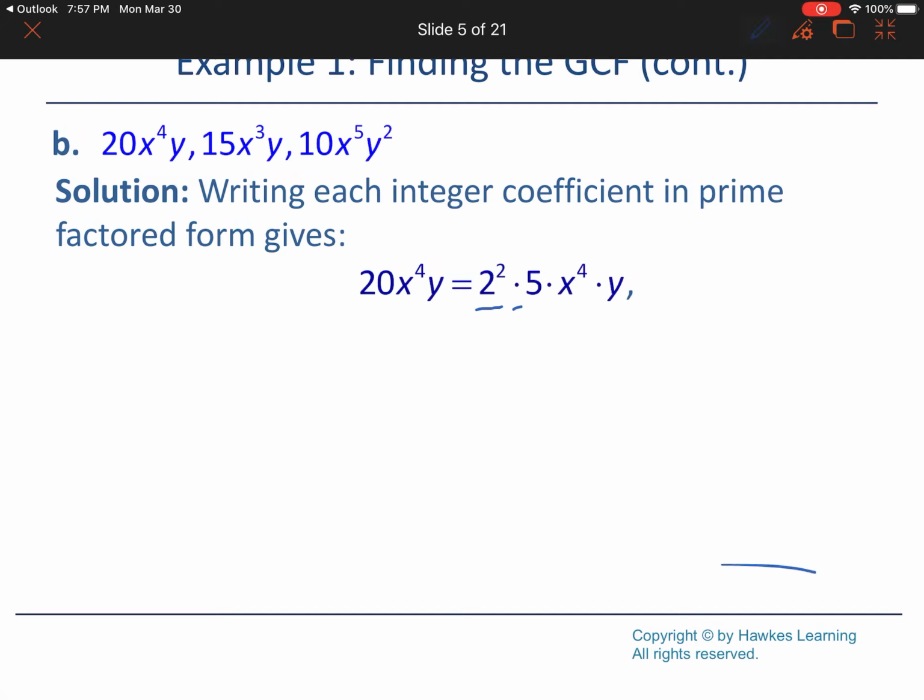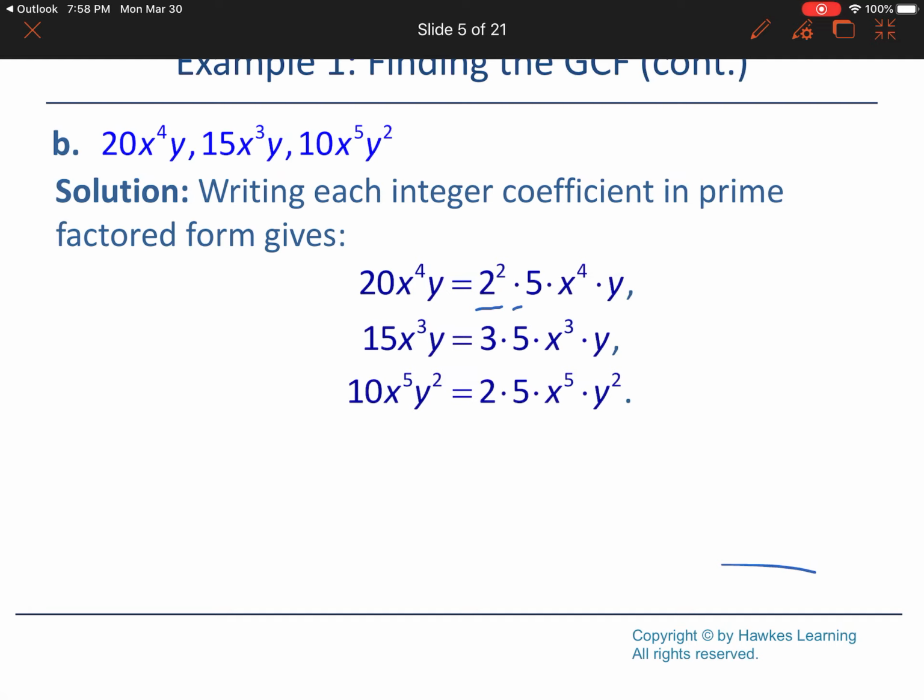And then we have x to the fourth and we have y. So all of those things are factors. The 15x cubed y gives us a 3 times 5. And then the 10 x to the fifth y squared gives us 2 times 5 times x to the fifth and y.